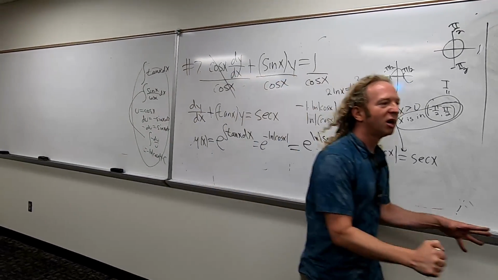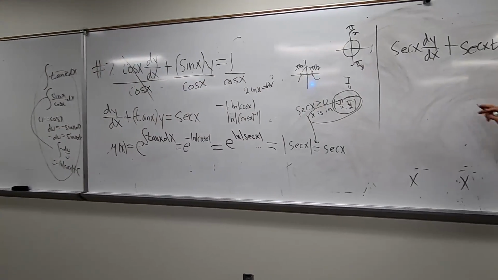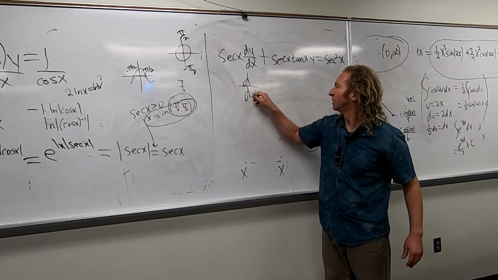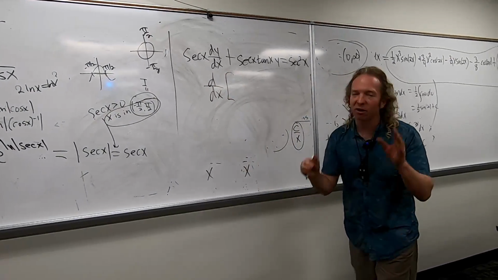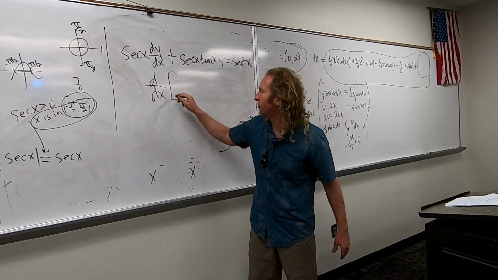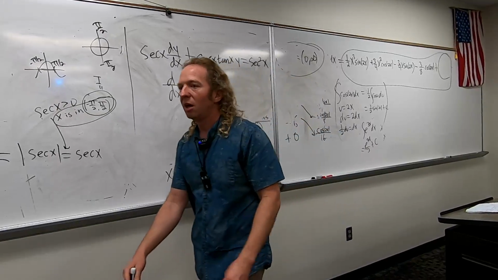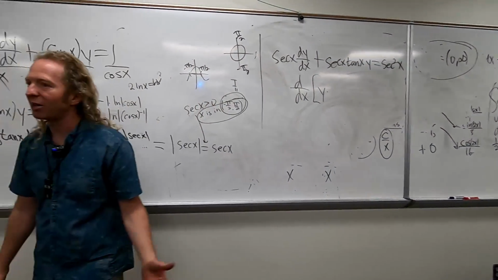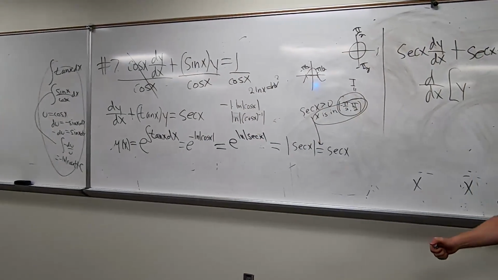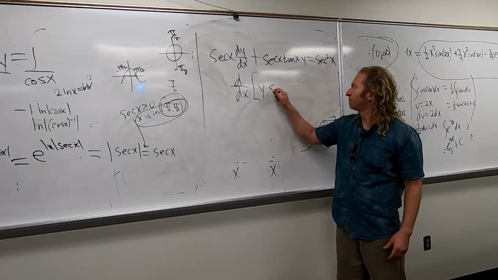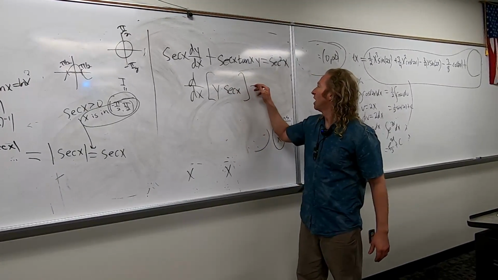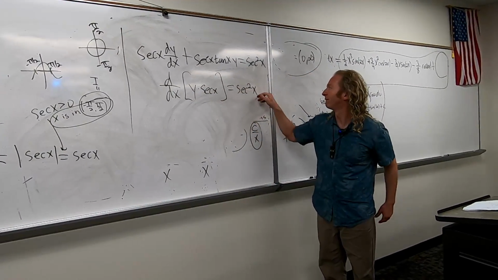And then this always will magically become d dx. And let's see, it's always going to be our unknown function, which is y. I'll put that one first this time. And then, what was our integrating factor in this case? Secant. And this is secant squared x.